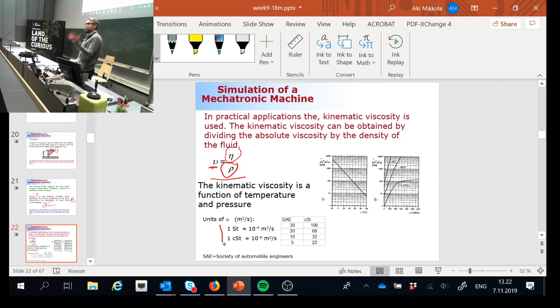If you purchase oil for your car, the selection will probably be based on SAE grades. They have a relation to SI units, but the Society of Automotive Engineers is an American society, and they want to make things complicated.